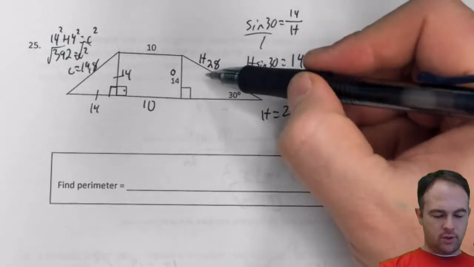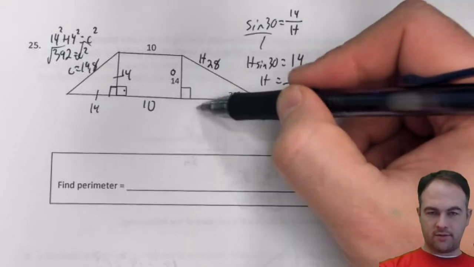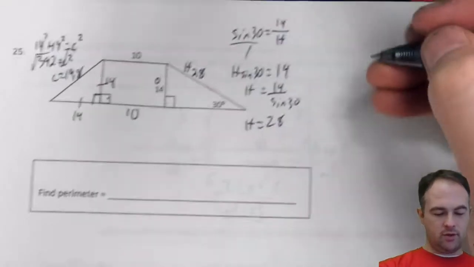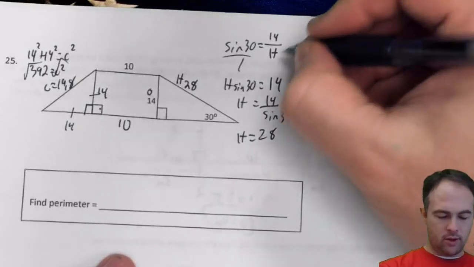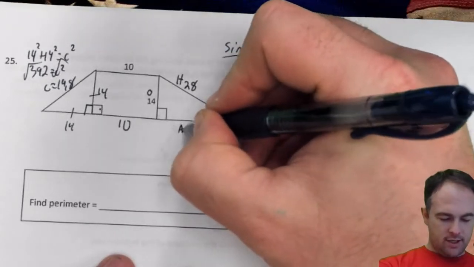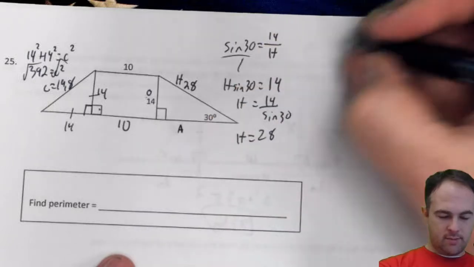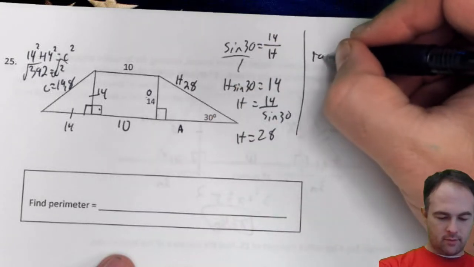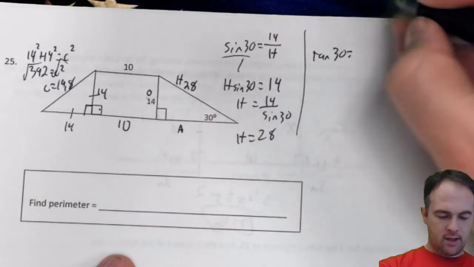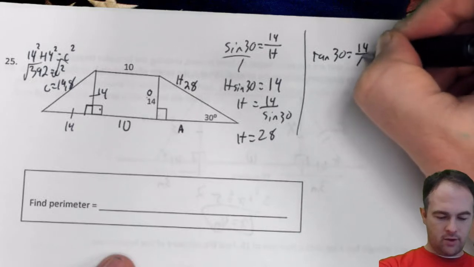Now, two routes. You could either use trig or the Pythagorean theorem to find this last side. And I'm going to use trig because I think it goes faster in the long run. This one is my adjacent side. Opposite and adjacent make tangent. So tangent of 30 is equal to 14 over a.